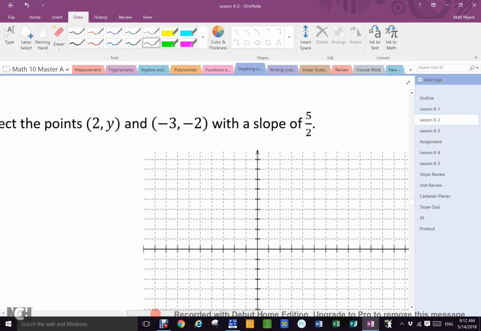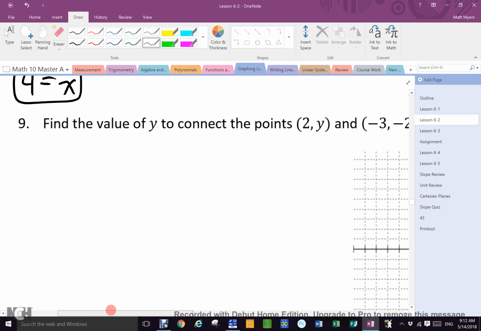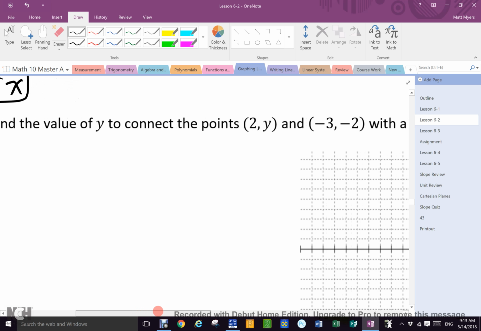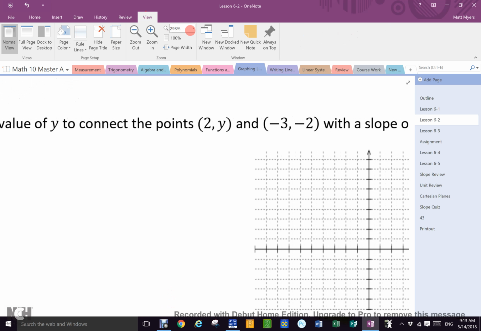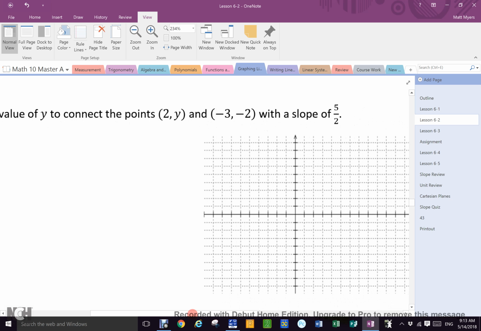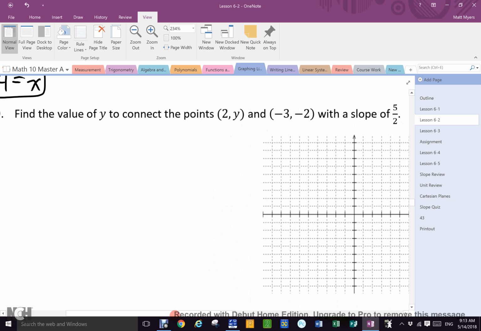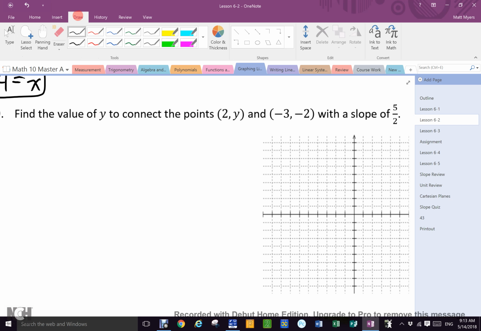Again, if you know what you're doing, just go on to page 188. If you don't, again, I can't stress this enough.